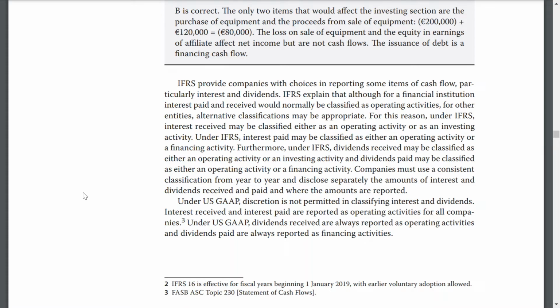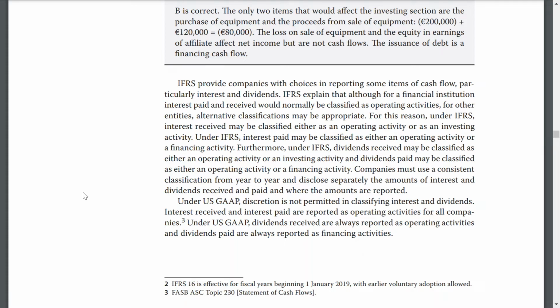Interest paid may be classified as either an operating activity or a financing activity. Furthermore, dividends received may be classified as either an operating activity or an investing activity, and dividends paid may be classified as either an operating activity or a financing activity.